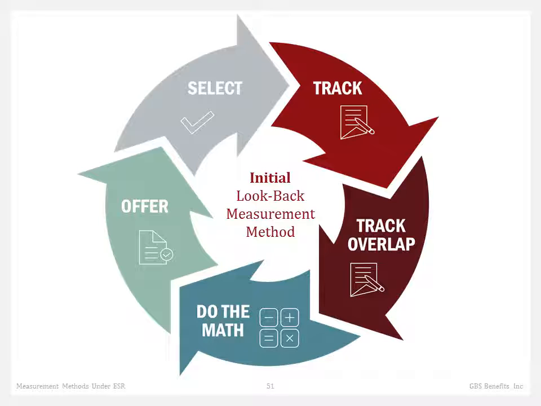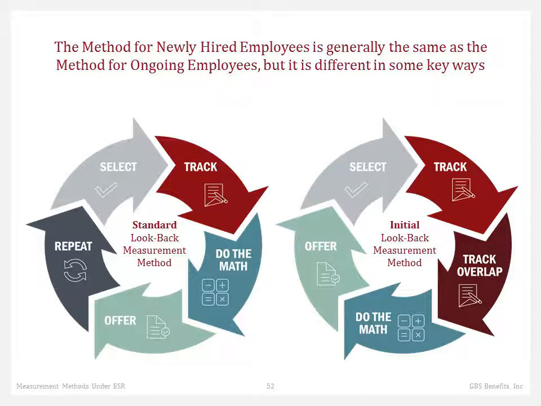It's for that middle category, those who are not reasonably expected to be full-time at the time of hire, plus those who meet the seasonal employee definition. And again, we have track overlap, which is a little bit different. Do the math, offer, and select. So you can see here I've got these side by side. We've got the standard look-back measurement method and the initial look-back measurement method.